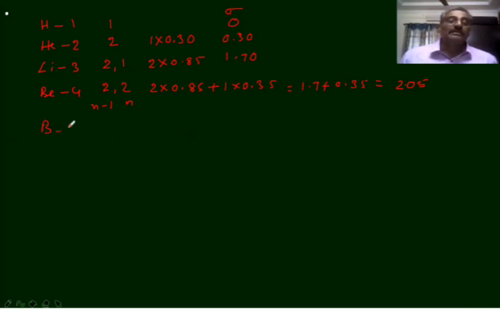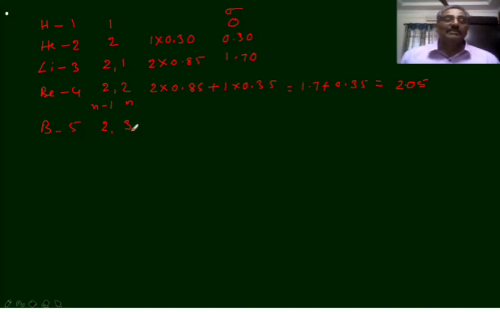For boron, atomic number is 5, electron distribution is 2, 3, 2 electrons in the inner shell and 3 electrons in the outer shell. So the differentiating electron lies in the second shell. In the second shell, there are 2 more electrons which cause the screening effect to the electron under observation.